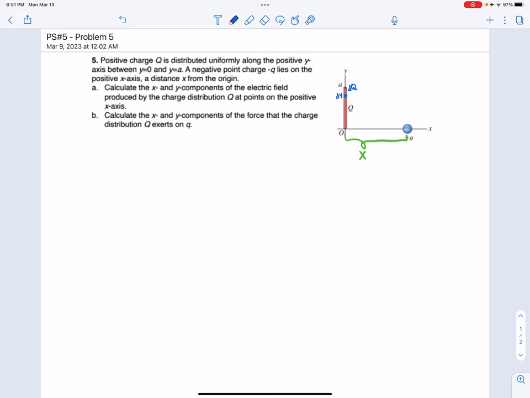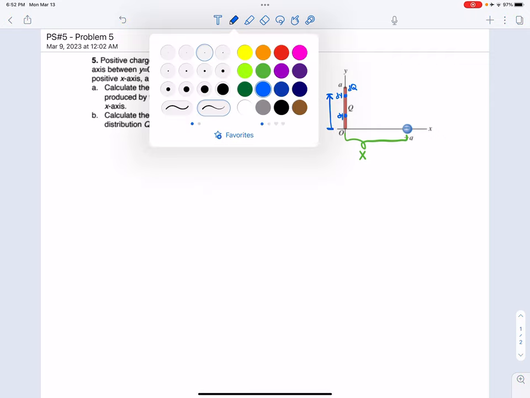And that distance from the origin, if this one we called x, let's say that each little dy right here, so this is also dy, right? Every time we switch, x is constant, however, y is not. So for each little dy, this we're going to call y, and this we are also going to call y right here. So just wherever our dy is, we're going to call that y.